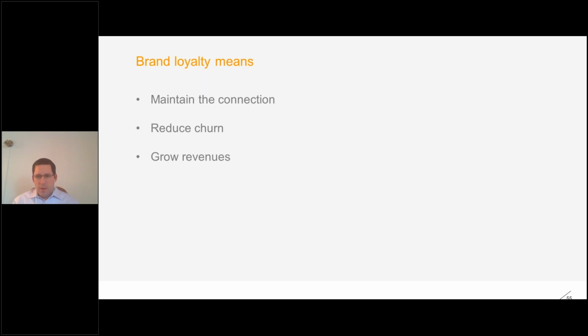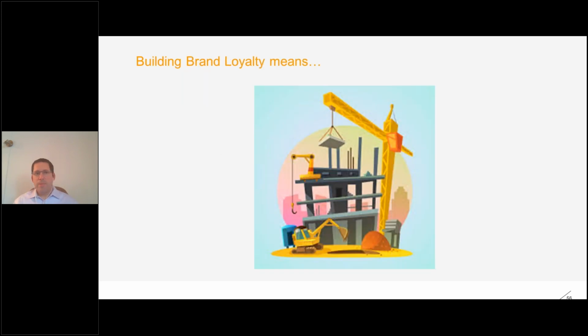You want to be able to onboard a customer, make sure they're yours, and then offer them new services, which therefore means the value of that customer increases. That's what you're aiming towards, and that's really what brand loyalty is all about. That's what you're trying to build towards.